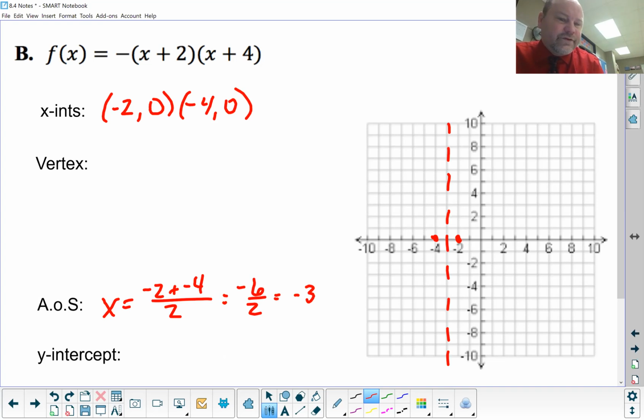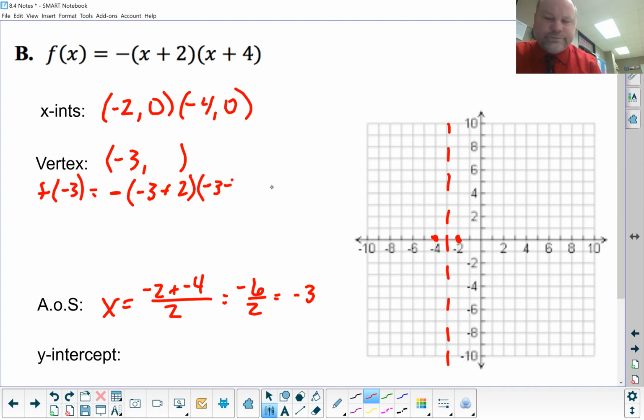Now to find the vertex, we'll plug -3 into our function. And here you see it's written in function notation. The previous example was in that y equals form. So we have that negative. And we're going to take -3 plus 2 and -3 plus 4.